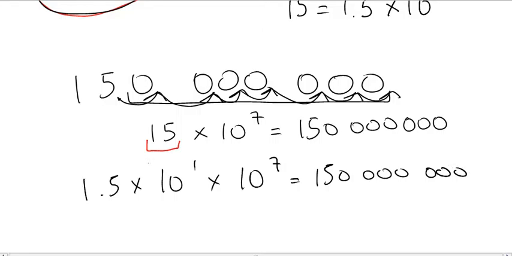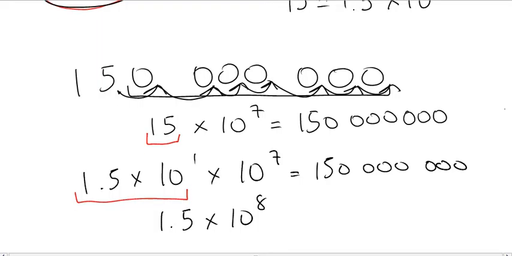So we've just replaced this 15 by 1.5 times 10 to the power of 1. Then we combine it: 1.5 times 10 to the power of 1 times 10 to the power of 7 is equal to 1.5 times 10 to the power of 1 plus 7, so 10 to the power of 8. And this is scientific notation.